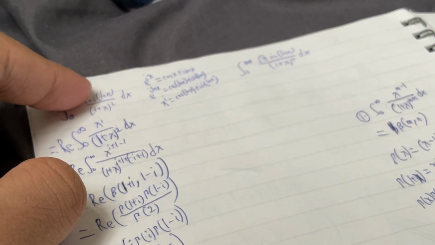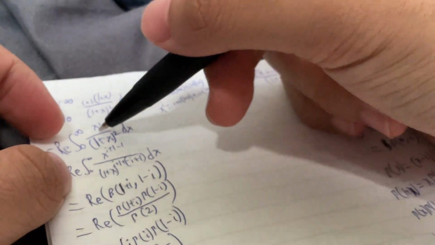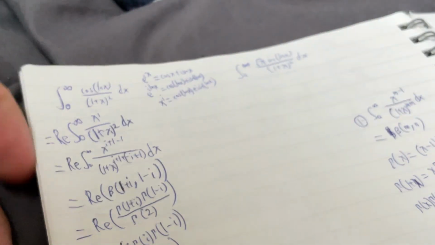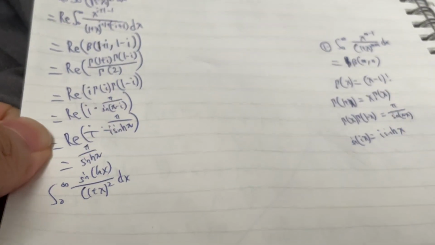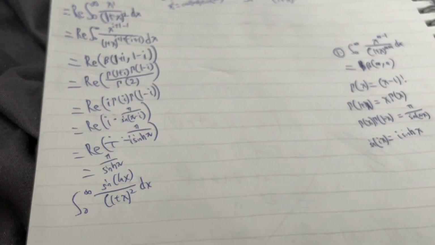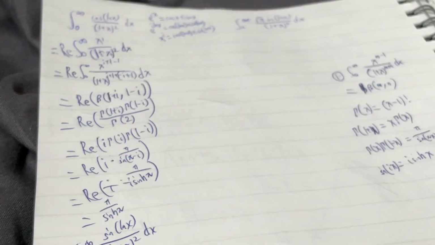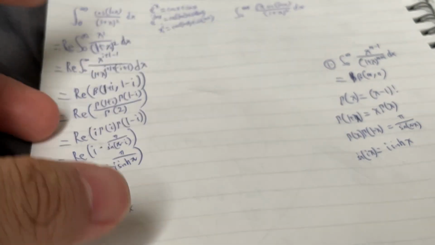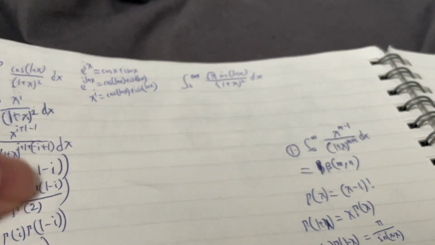This original integral is sin of ln(x) divided by that, which we already did, equal to pi over sinh pi. But for sine, you are going to take the imaginary part, which is equal to 0, because we don't have an i here. The imaginary part is just 0. So we also do this integral at the same time.